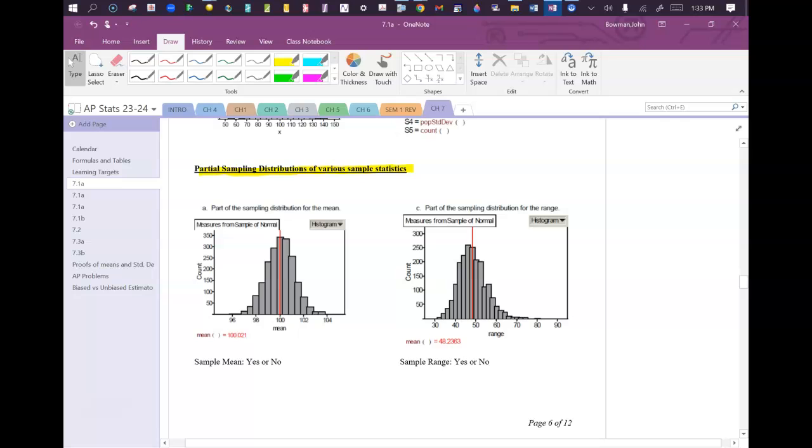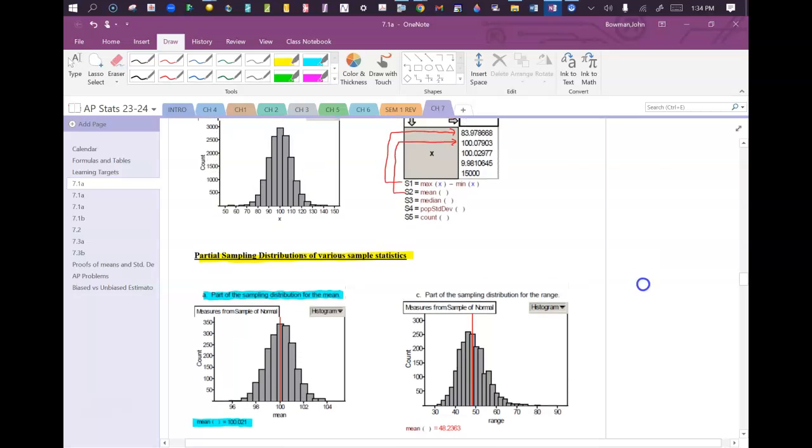So let's take a look here. In A, we have part of the sampling distribution for the mean. So we have a partial sampling distribution of sample means, and the mean of our sample means is 100.021. So is the sample mean an unbiased estimator of the population mean?